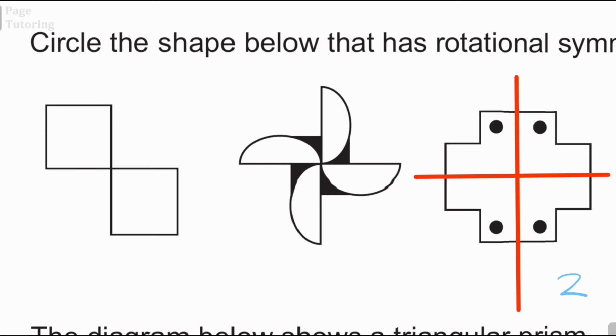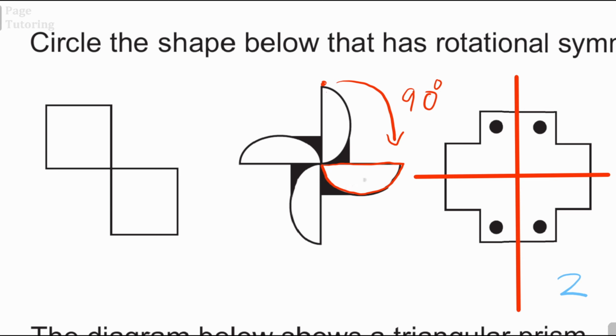Now let's have a look at this shape. So if I have a point here, and I rotated this 90 degrees, what would this shape look like? Well, imagine this hemisphere here, and it'd rotate 90 degrees to then lie exactly here. Well, then where would the other hemispheres lie?